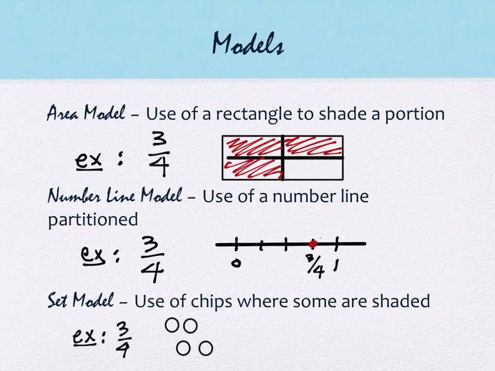So I have 4 circles, and then I will shade in 3 of them. That would be a set model as opposed to an area model or a number line model.